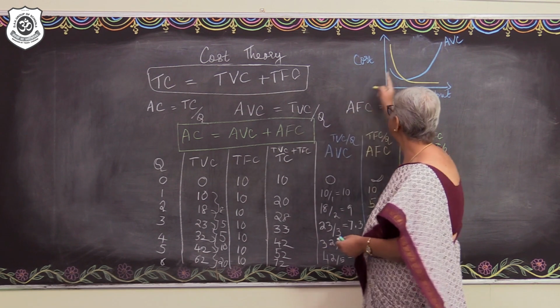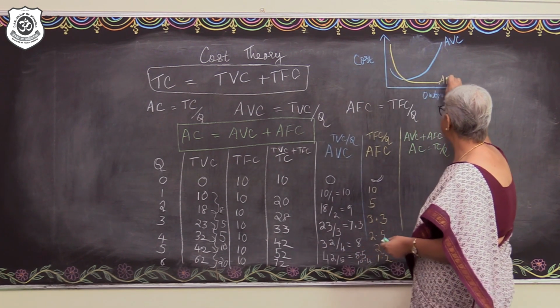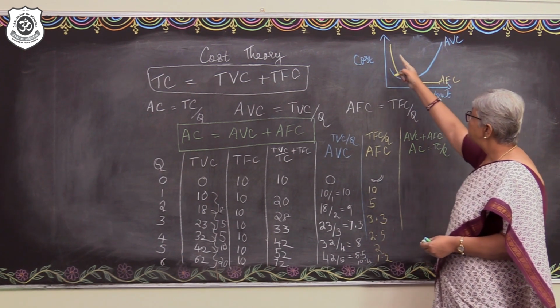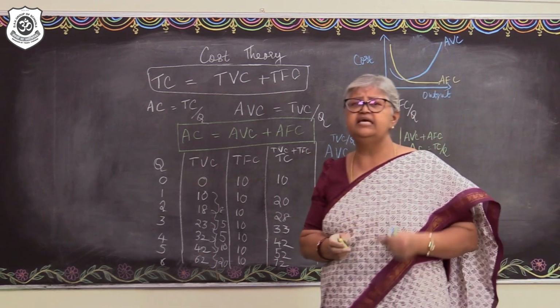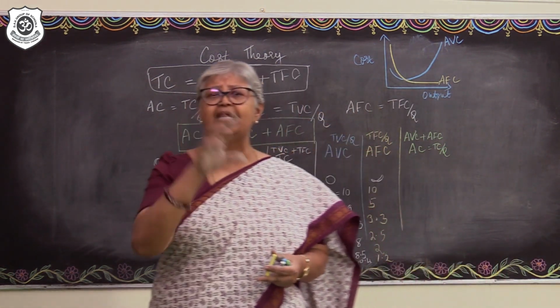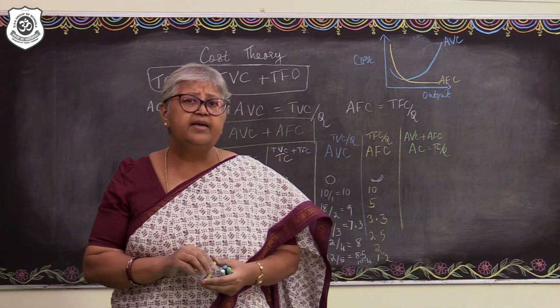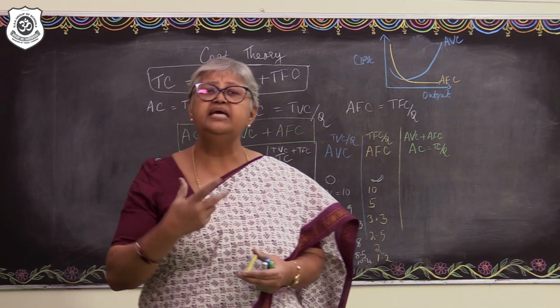So as a result, we see that the average fixed cost curve, the AFC, is going to be continuously falling. And one more specialty of this AFC is that it would be a rectangular hyperbola, right? So rectangular hyperbola, the rectangular area under the curve will be the same.